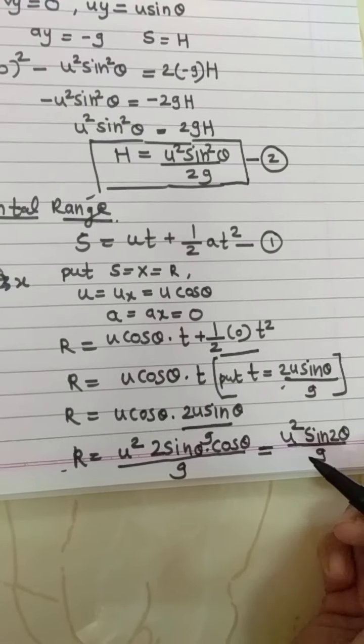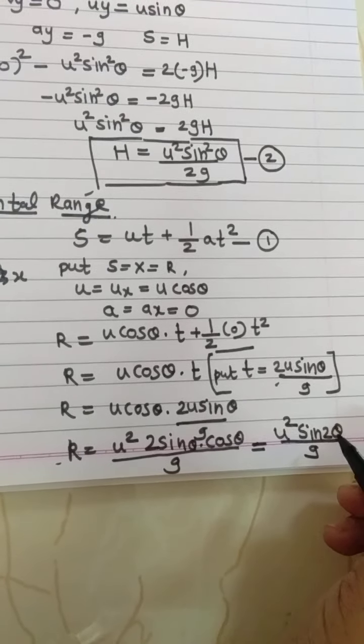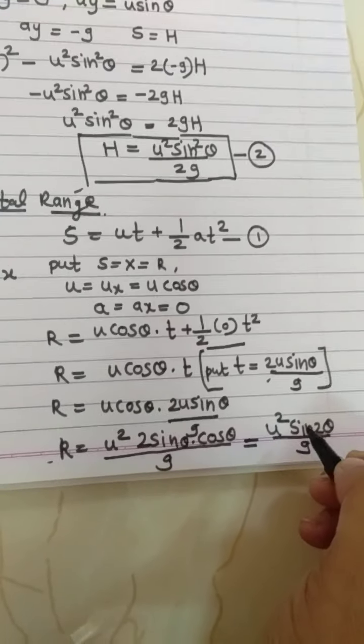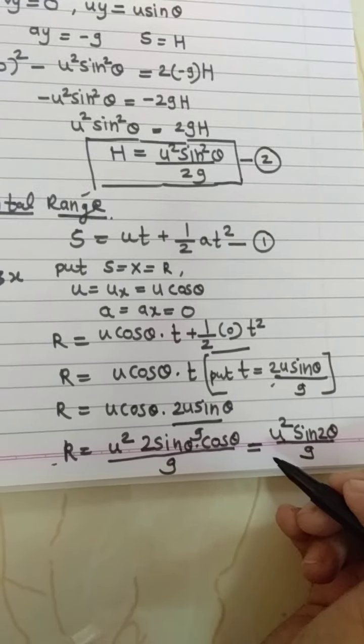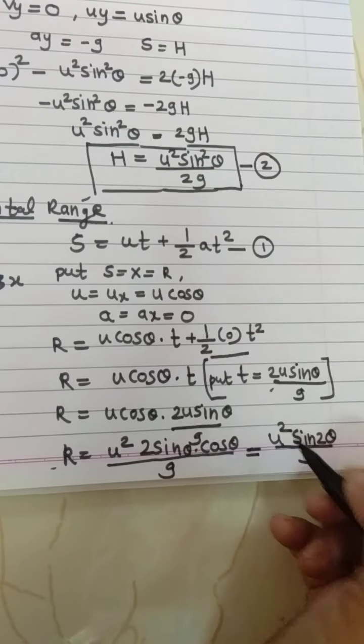And if you want a maximum range, you can put the value of theta as 45 degrees. So 45 into 2 is 90 degrees. Sin 90 is 1. So we can write the equation for the maximum range also. Sin 90 is 1, so what remains is u square upon g.